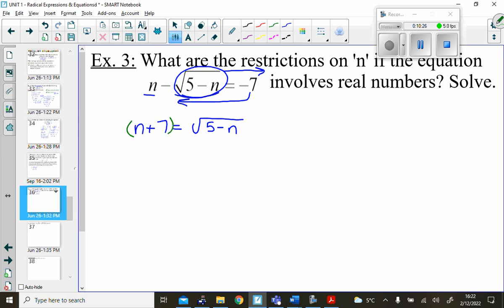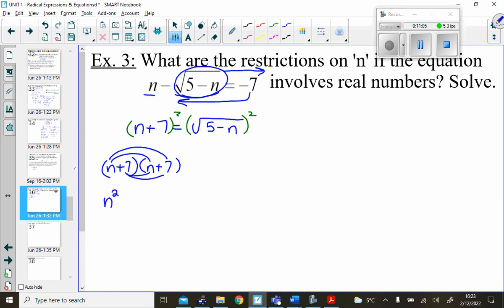Then I will square both sides, recognizing it might cause us a problem. Squaring both sides, for the love of all that's holy, do not call this n squared plus 49. You cannot just put the square on both terms when there's a plus in there. No, no, no, no. N plus 7 squared means n plus 7 onto n plus 7, which means you gotta FOIL that.